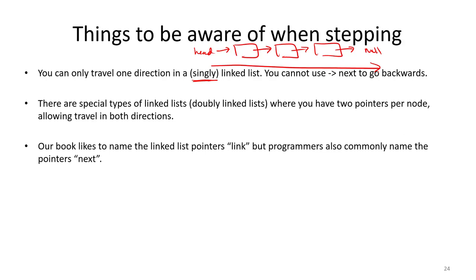If you take more advanced programming courses, you may learn about things called doubly linked lists, where each node has 2 pointers. And in the case of a doubly linked list, since you have 2 pointers with each node, it's possible to move forward and backward within a linked list.